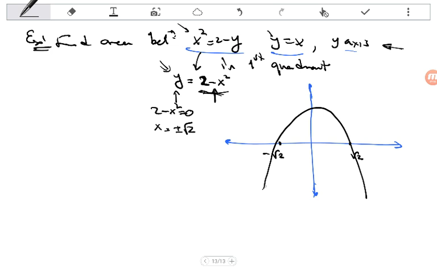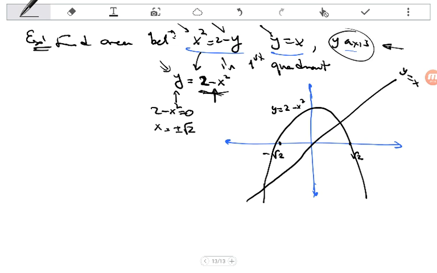Now I have here also y is equal to x, which is like this. And the other is y equals 2 minus x squared. Okay, these are two curves. Now I need this also. This is one of the bounding curves, which is the y-axis, which is this.